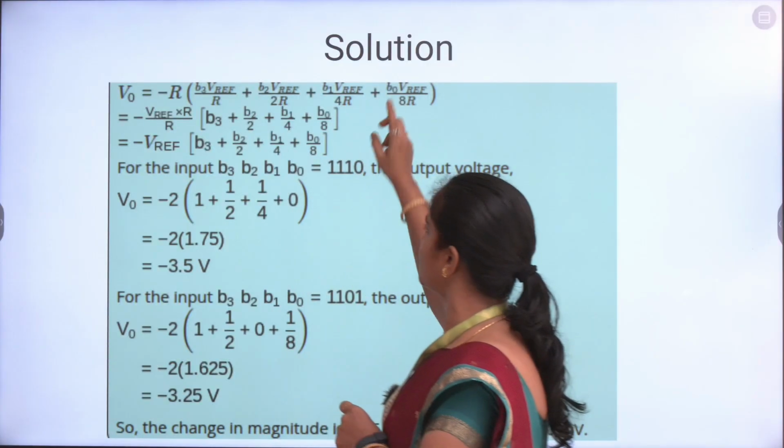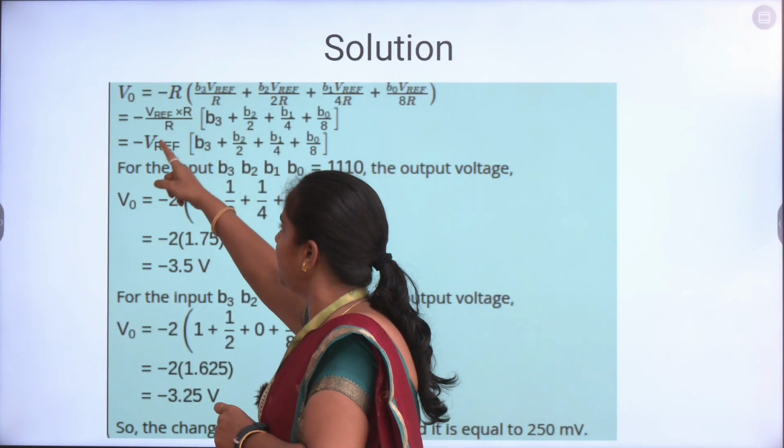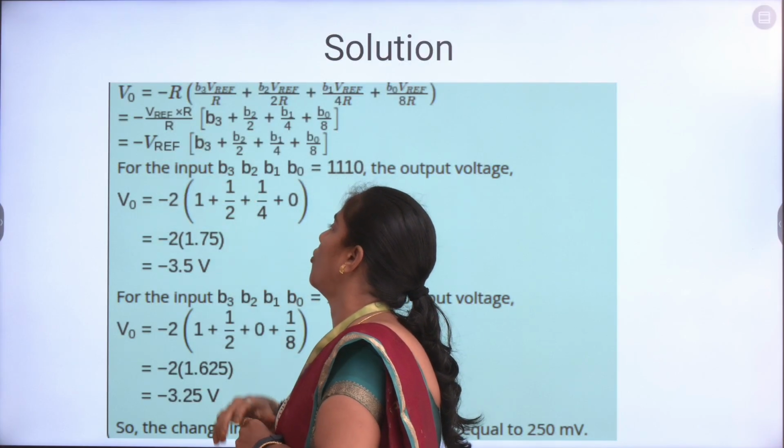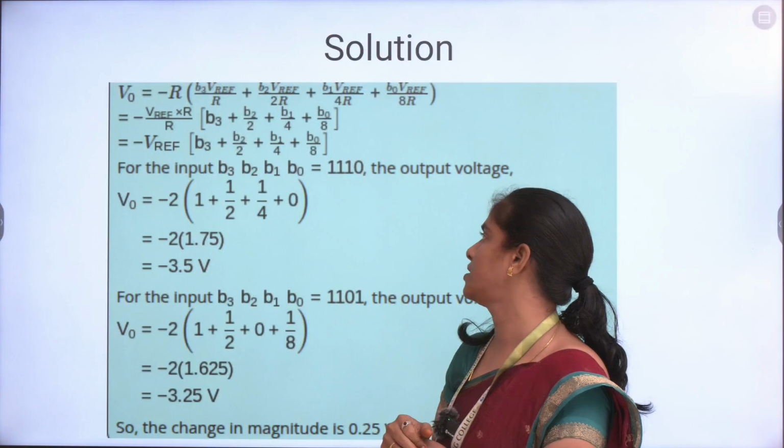So this is the expression we have for output voltage V0, and by taking V reference and R outside, we can cancel these two resistors, and the output voltage is minus V reference into the bit pattern weights.